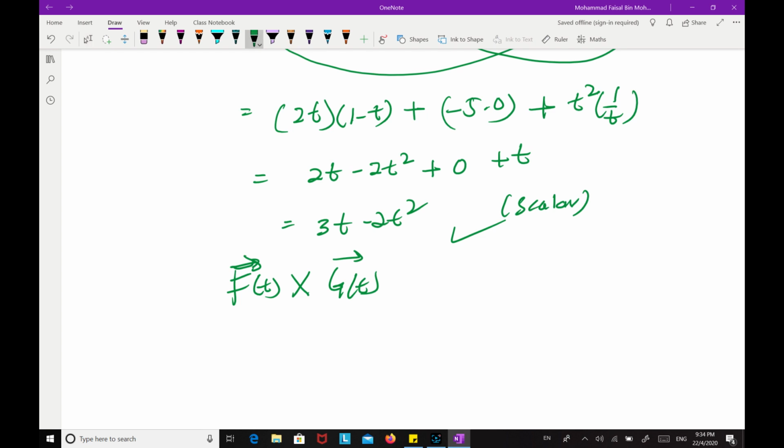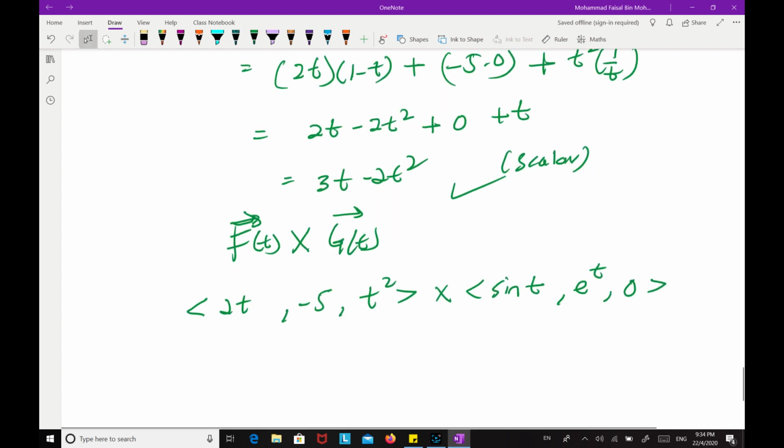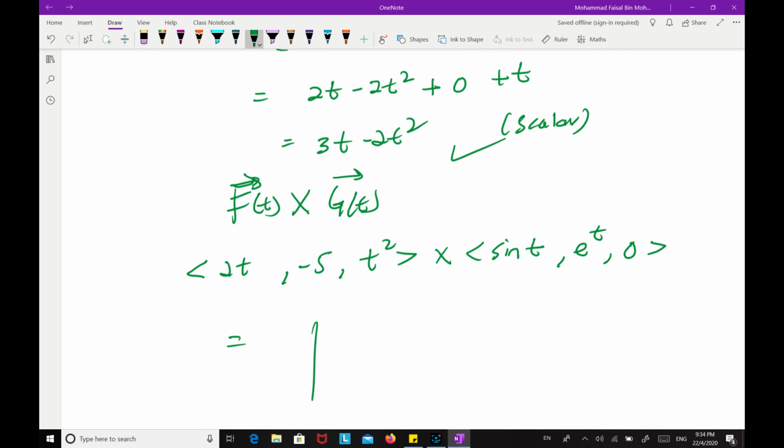So for 3, I just write it a different way without ijk: 2t, minus 5, t squared, cross with sine t, e^t, 0. Nothing means 0.